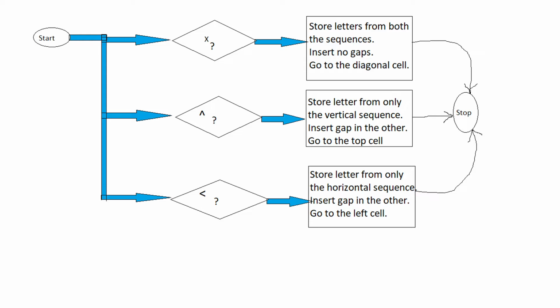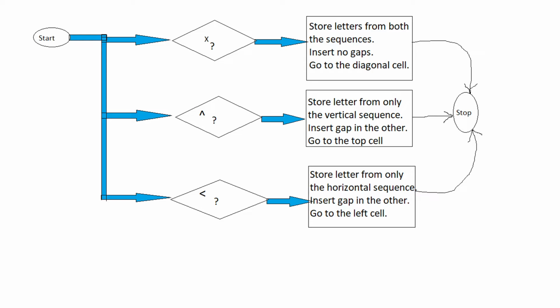In the top case, a gap is introduced in the horizontal sequence. The letter in the vertical sequence is printed, and the pointer points to the top cell.